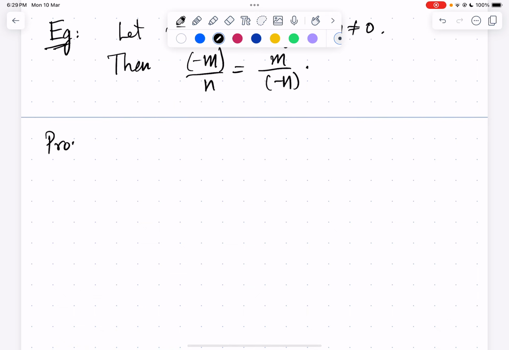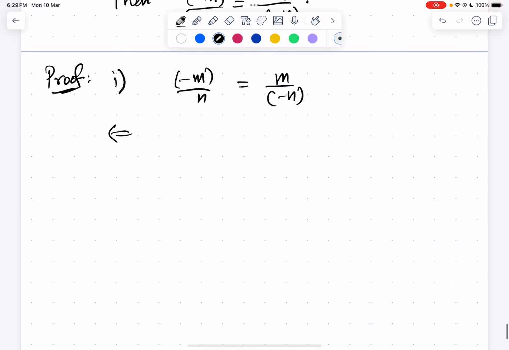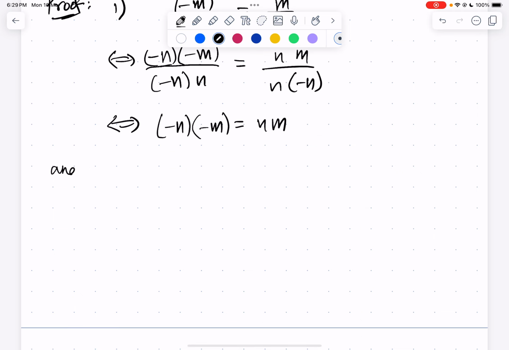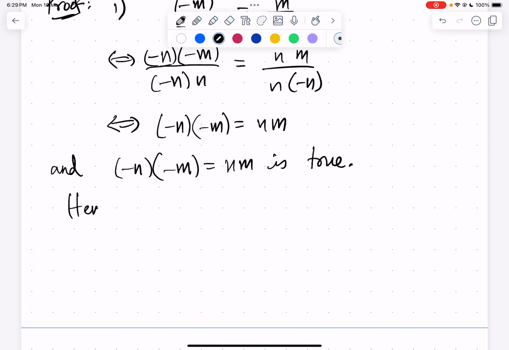So the proof is, minus m by n equals m by minus n if and only if, we use the same approach, minus n times minus m by n times minus n equals n times m by n times minus n. So this happens if and only if minus n times minus m equals nm, and minus n times minus m equals nm is true. Hence minus m by n is the same as m by minus n.